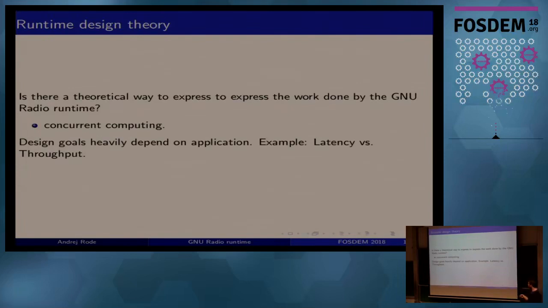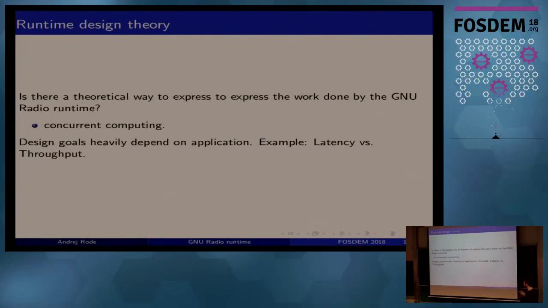There are quite a few ways to describe this from an academic point of view, like the actor model, Petri nets, or other process calculi, as they are called. So we can come up with something that matches what GNU Radio is doing and try to apply that.